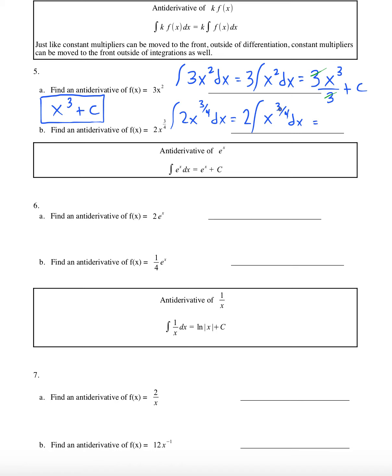According to the power rule, I should add 1 to the 3/4. So I would get 2x to the 7/4. And then I would divide by 7/4. But I'd rather multiply by the reciprocal. That would be 4/7. So let's multiply this final result by 4/7.